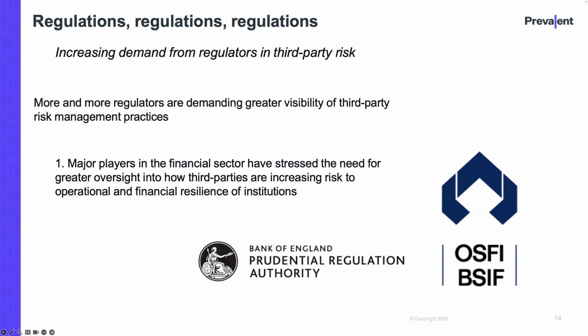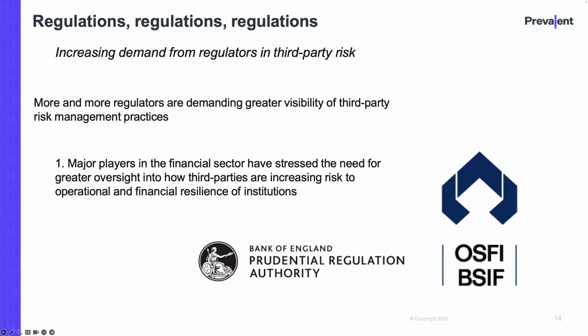Two organizations you can see on the screen, Bank of England and the PRA, or Prudential Regulation Authority, and OSFI, which is a Canadian regulator. What's been interesting is to take the PRA first, they developed a very thorough framework for managing third parties and for assessing your third parties and for having a wider supply chain risk management program.